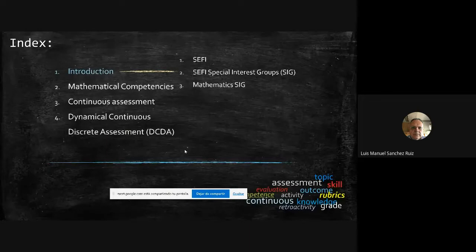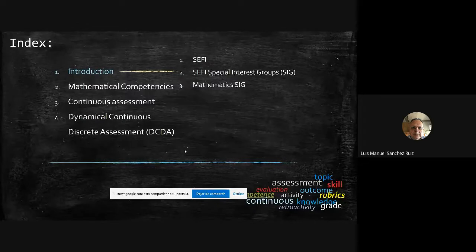In this talk, as I have mentioned, I will say some words about CEFI and how it is structured and how it is working on mathematics for engineering education mainly. Now I will say some words about mathematical competencies. That is very hard to define. It's not so easy. We have some ideas, but really in CEFI they have done a wonderful work trying to structure all these ideas.